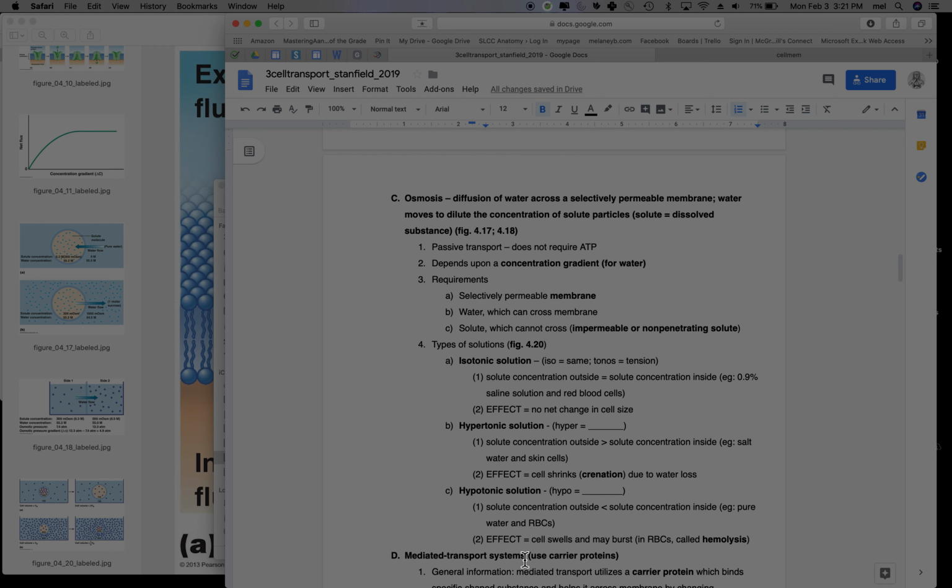Okay, so the next one is one that you've learned a whole bunch of times, and it's osmosis. Osmosis is just a special instance of diffusion. And what osmosis is doing is it's diffusion of water across a selectively permeable membrane. And so what water is going to do is move down water's concentration gradient.